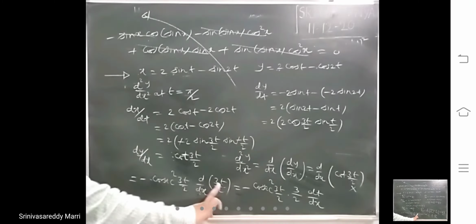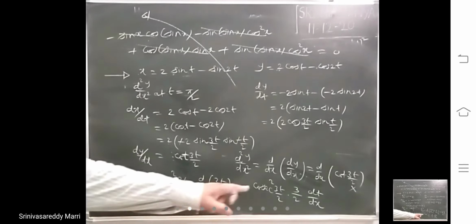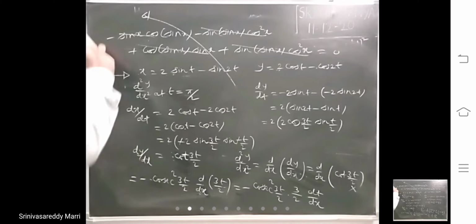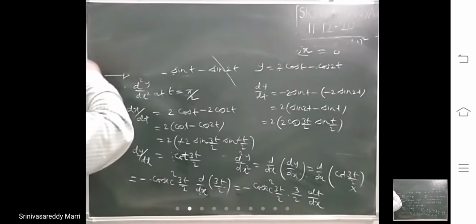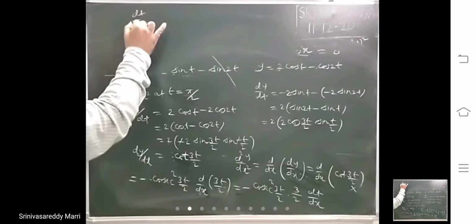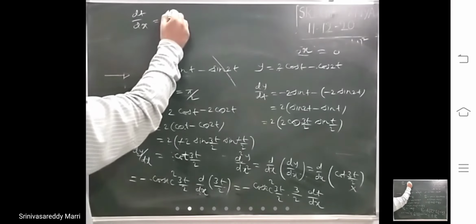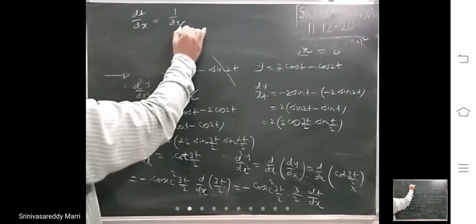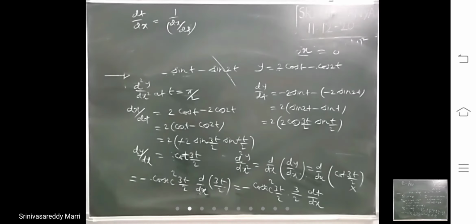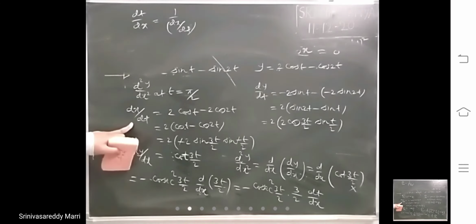That is not 1; if x is there it is 1, but t is there, so dt by dx. Now dt by dx is nothing but the reciprocal of dx by dt, you know.